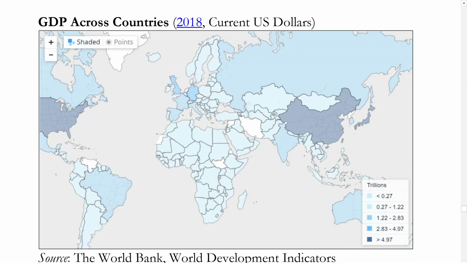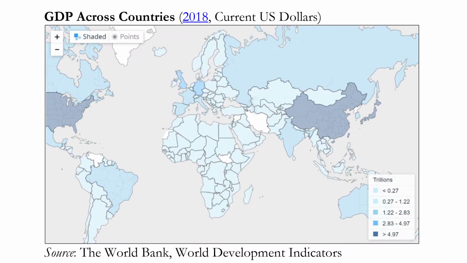The darker the country, the higher its total GDP and vice versa. And so what we can see here is that what really sticks out dramatically are the United States and China. In 2018, the United States was the largest GDP in the world at 20.5 trillion US dollars.